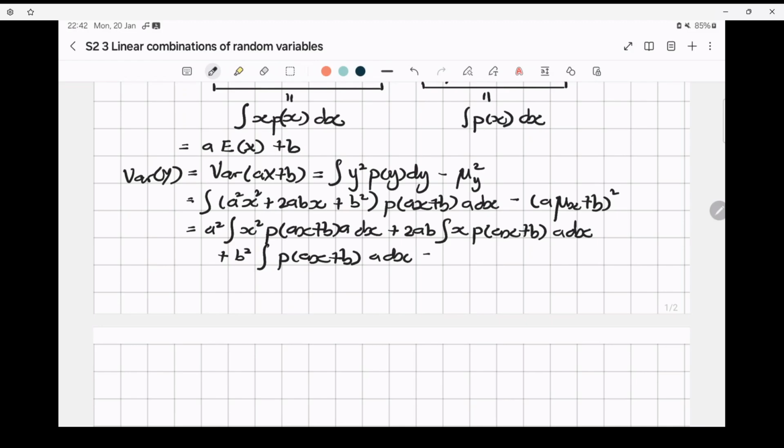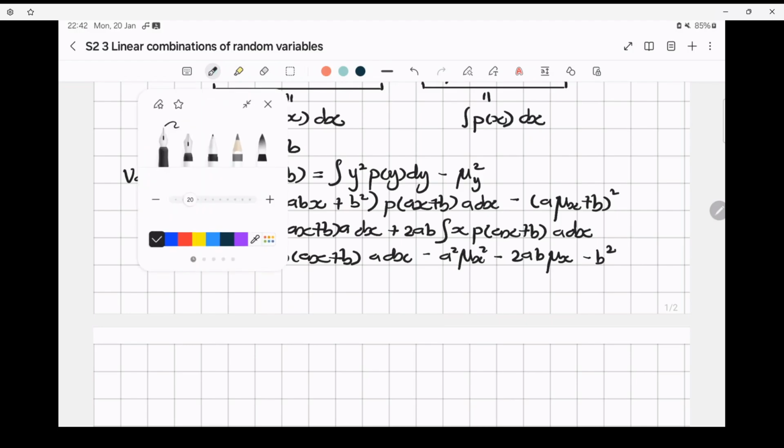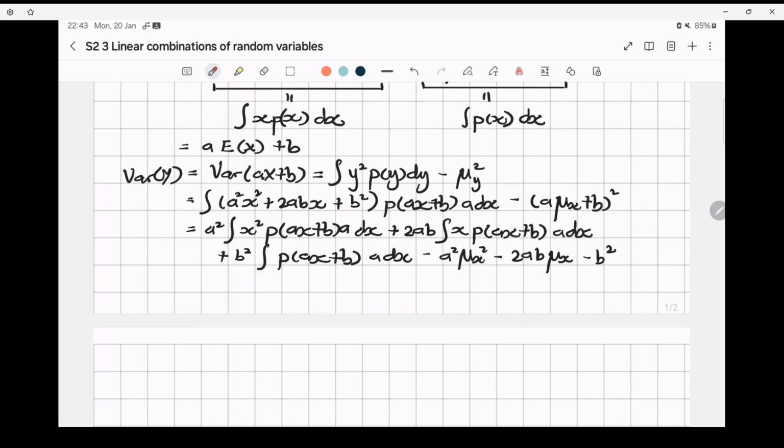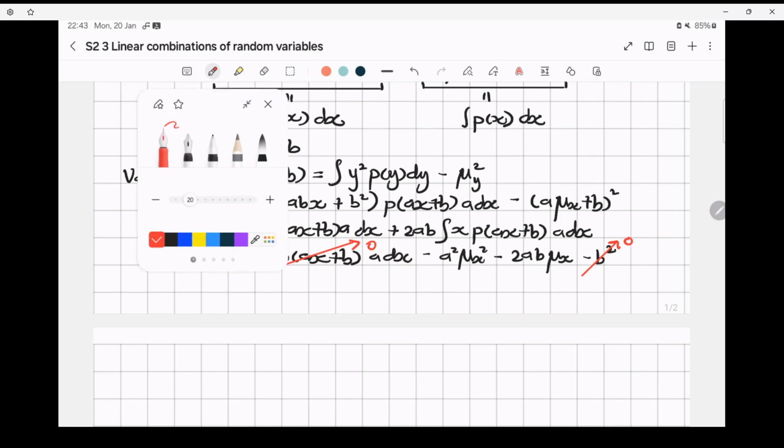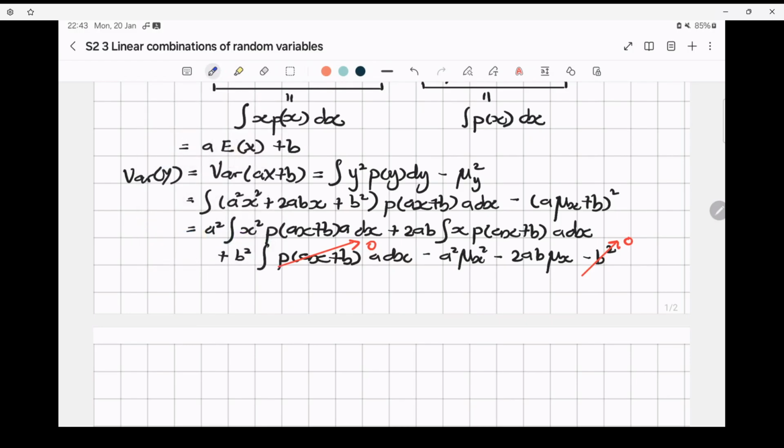So now you expand the right part, you would get a square mu x square minus 2ab mu x minus b squared. So again, let's look at which can be cancelled off. So this part basically means that once you're integrating it, you get b squared. So this is cancelled off with this. And then the other one will be this 2ab x p ax plus b a dx.